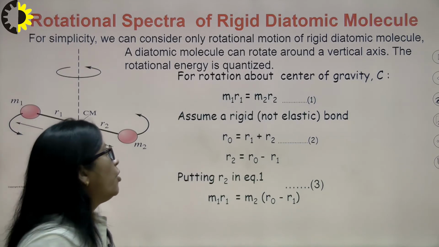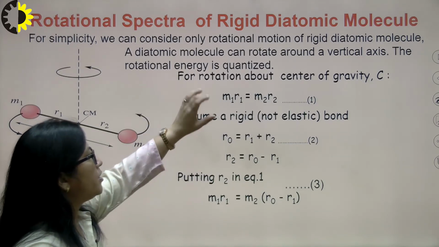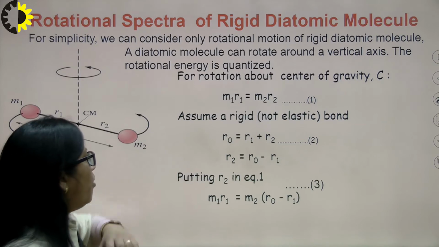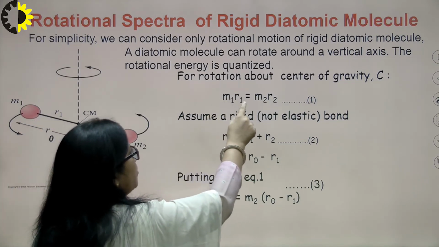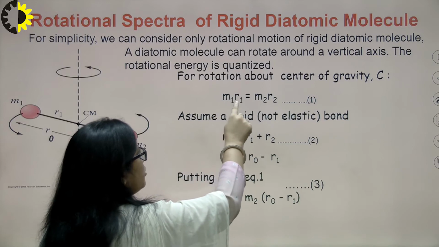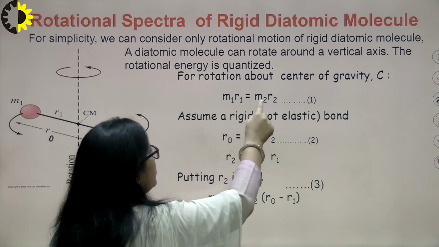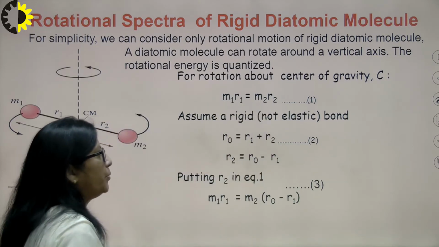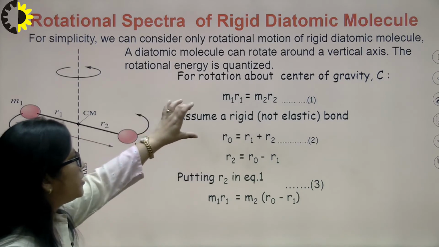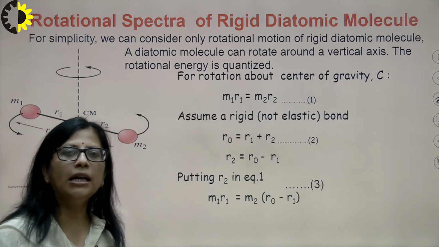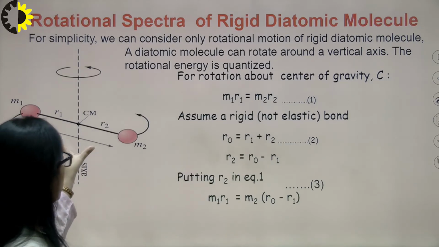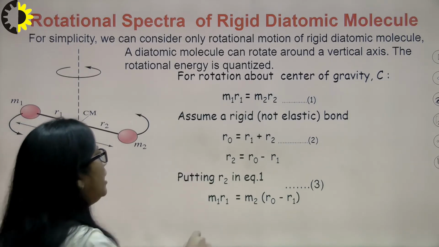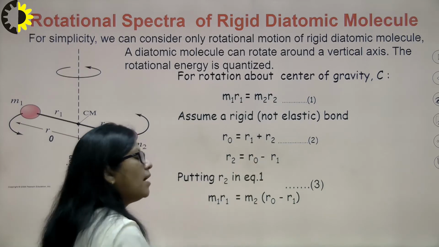Now, for rotation about the center of gravity, their moments should be equal. That means m1 r1, mass of the first atom times its distance, should be equal to m2 r2, and we are going to assume the bond is a rigid bond, and this internuclear distance r0 is equal to r1 plus r2.